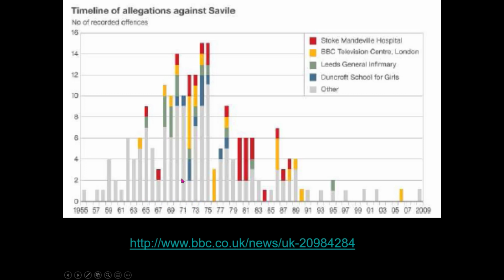And so we can see here in the 90s and in the 1970s, the offending really peaked. And the locations that these people say the offending occurred were hospitals, an infirmary, schools. These are the locations children should be safe in.